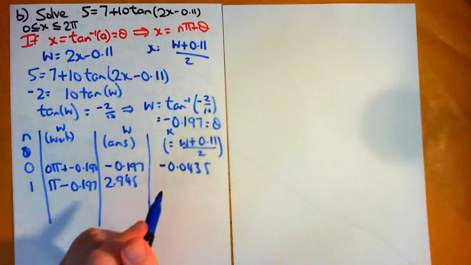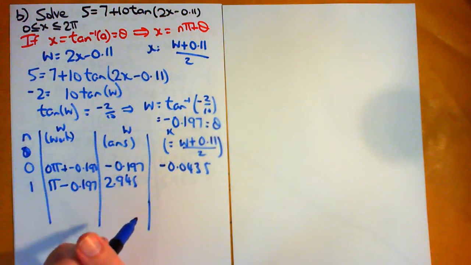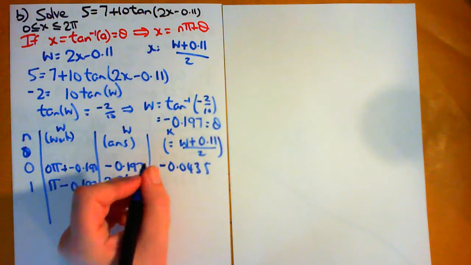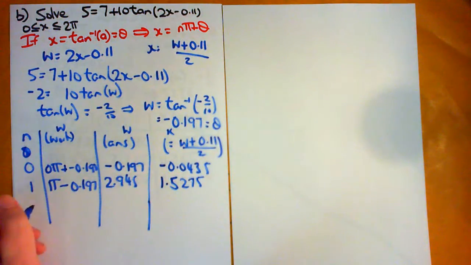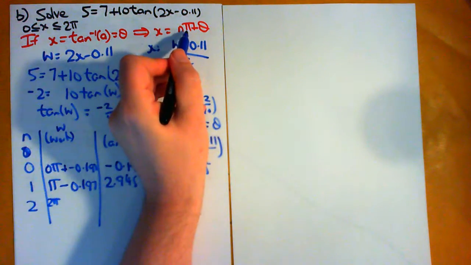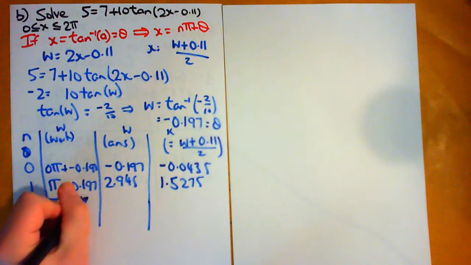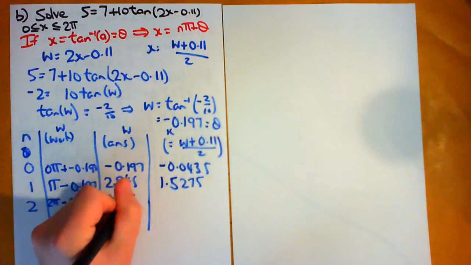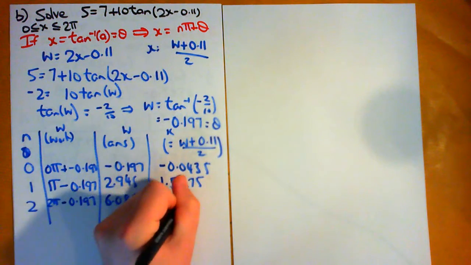And if we substitute that into our rearrangement, so 2.945 plus 0.11, divide that by 2, we get 1.5275. n equals 2, we've got 2 pi, so this becomes 2 pi plus theta, but theta is negative 0.197, so we get 6.068. And this gives us, if we calculate that, 3.098.